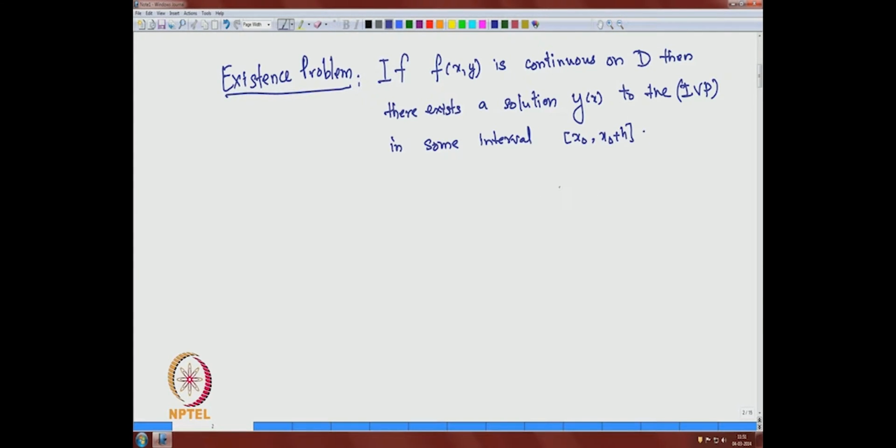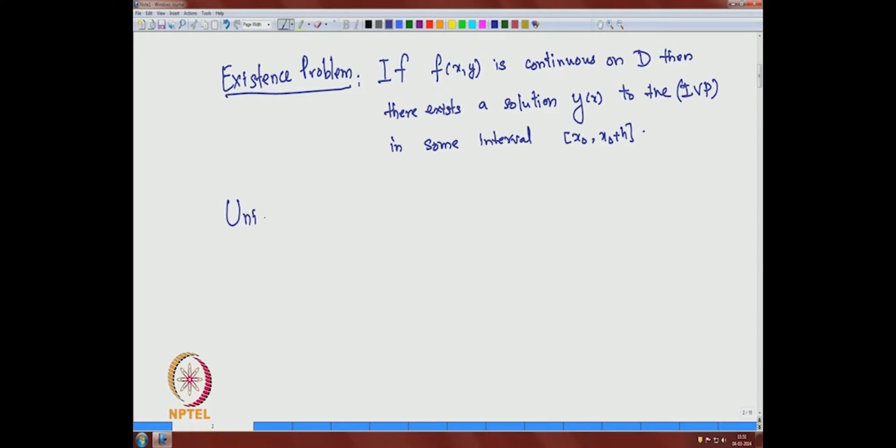We will prove this existence result later. So, broadly speaking, if f is continuous in the given domain, and the domain contains the initial point (x0, y0), then one can show that there exists a solution at least in some neighborhood that contains the initial point (x0, y0).